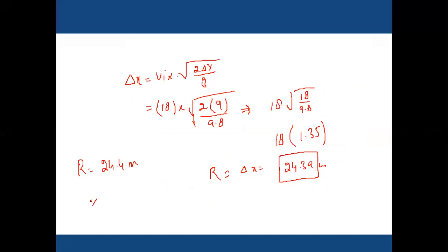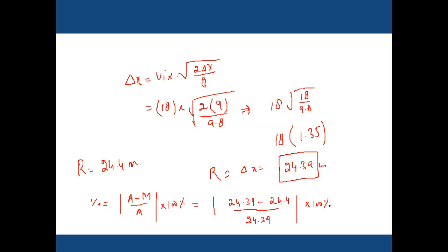So how to find the percentage difference? Yes, actual value minus measured value, divided by actual value, multiplied with 100%. Actual value is from calculation, this one, 24.39. Measured value from the animation was 24.4, and divided by again the actual value 24.39, then multiply with 100%.